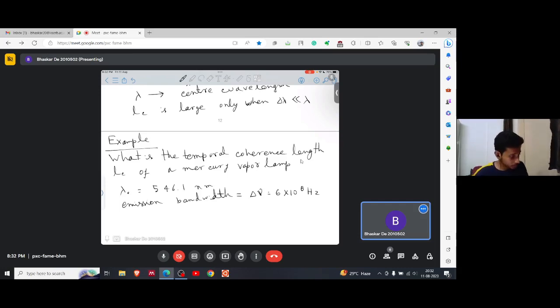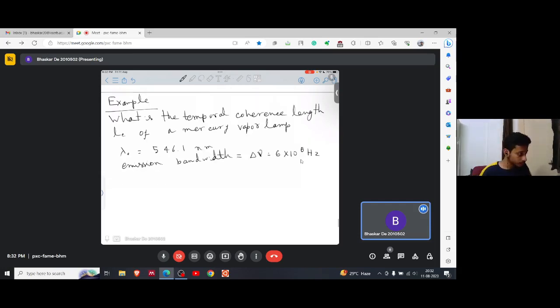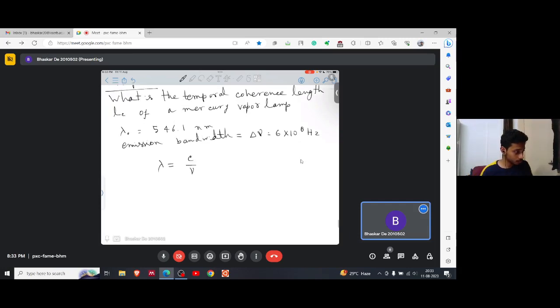Okay, so now we know lambda equal to c by nu, or nu equal to c by lambda.